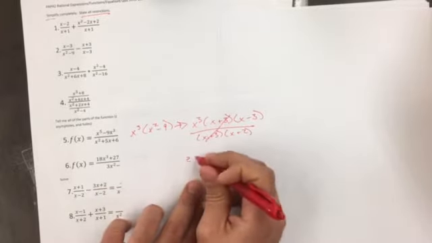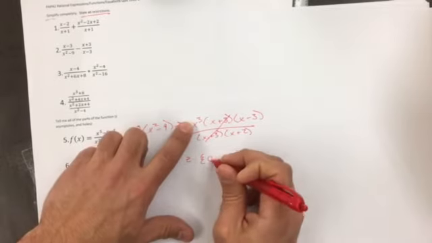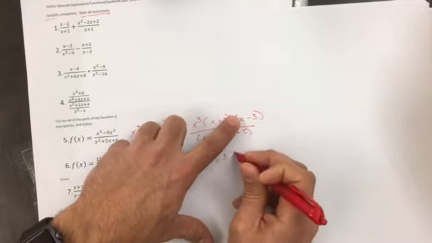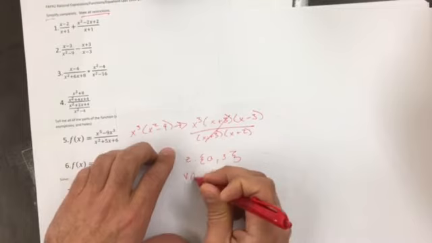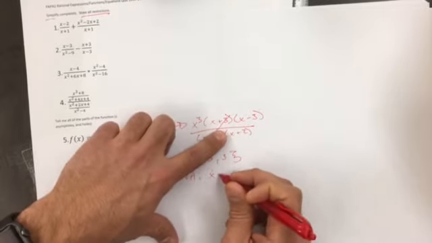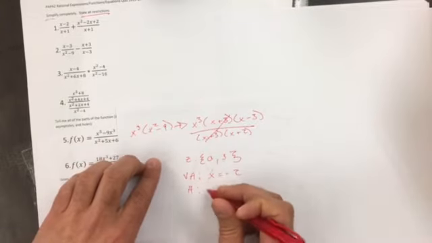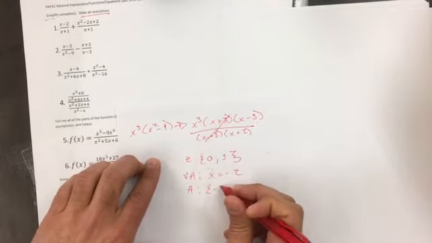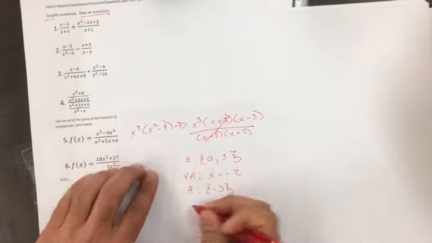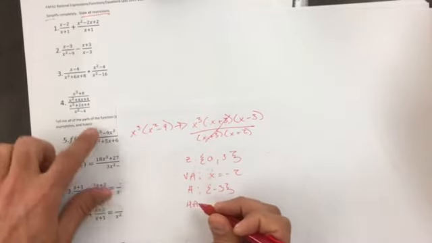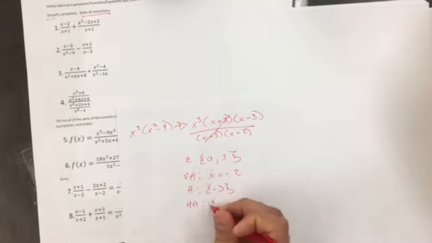So my zeros are going to be at 0 from this, 3 from this. My vertical asymptote is going to be at x equals negative 2. This canceled out, so that gives me a hole at x is negative 3. Horizontal asymptote, this is higher than this, so I'm not going to have one.